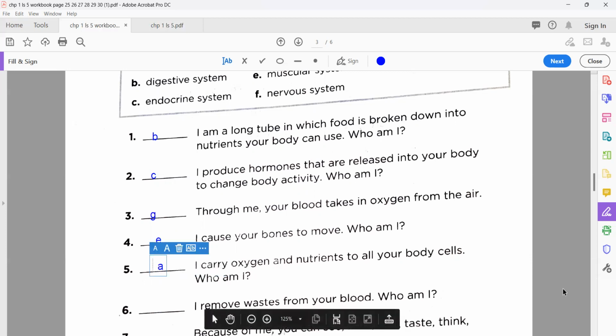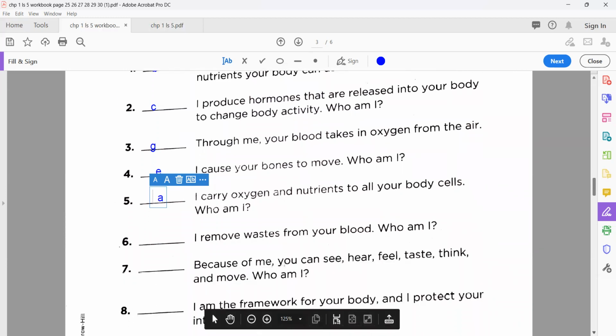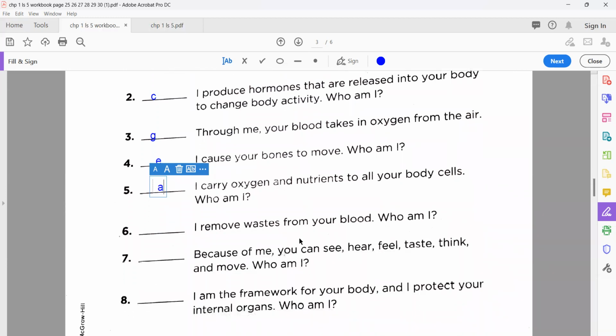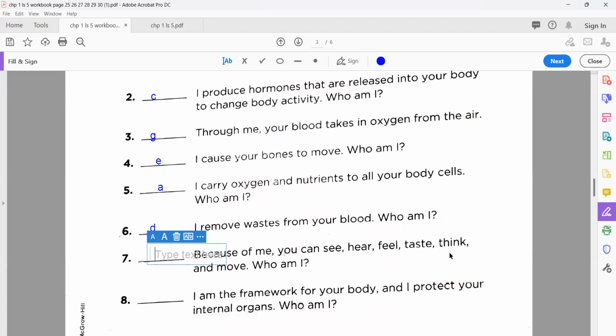Good. Now number 6. I remove waste from your body. That is D, excretory system. Now second last: because of me, you can see, hear, feel, taste, think, and move.